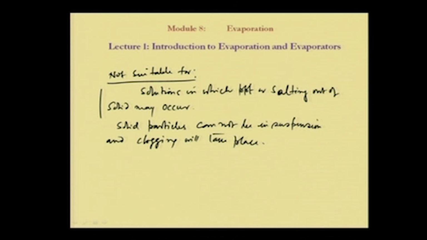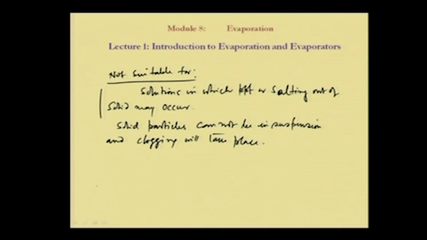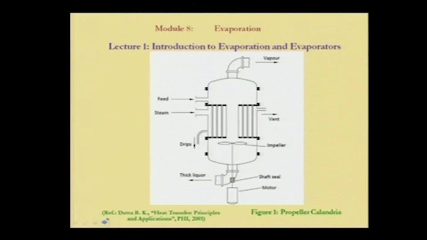Okay. This problem to some extent can be overcome by putting a propeller. We will show you this propeller arrangement. Using this propeller calandria, we can put some kind of circulation here, and using the circulation we are increasing the speed of the liquid passing through the tube.